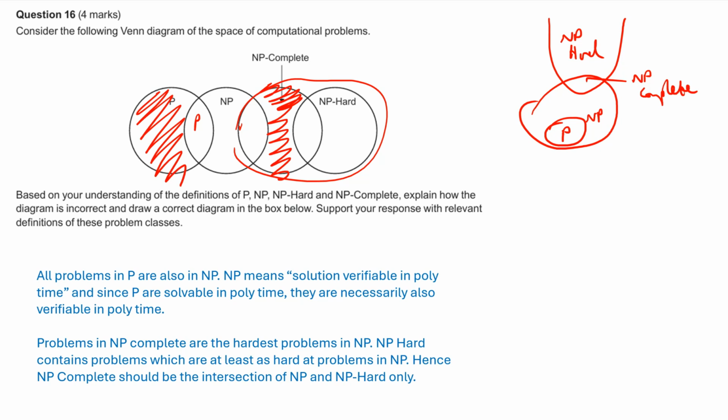So everything in P must be in NP. The definition of NP complete is the hardest problems in NP, and NP hard is the ones which are at least as hard as the problems in NP. Therefore, it must be the intersection of those two things. This one, guys, just learn your definitions. Simple as. Alright, it's fiddly, but go with it.